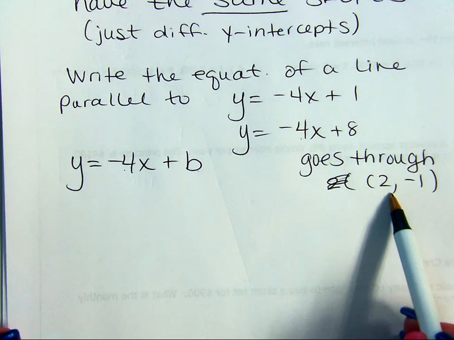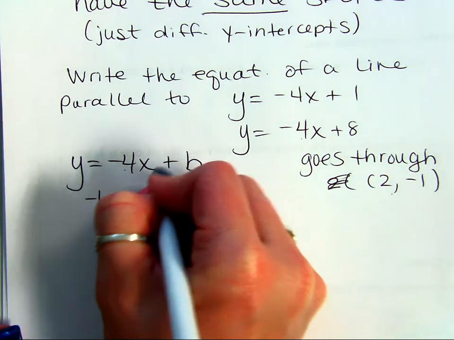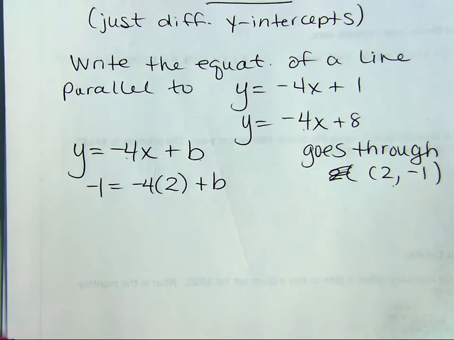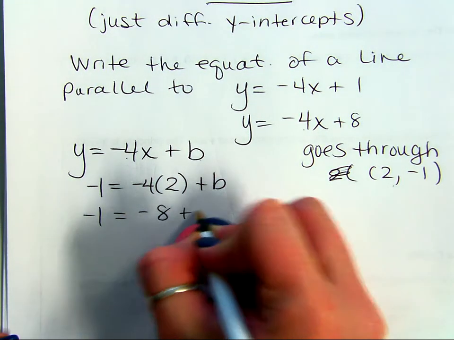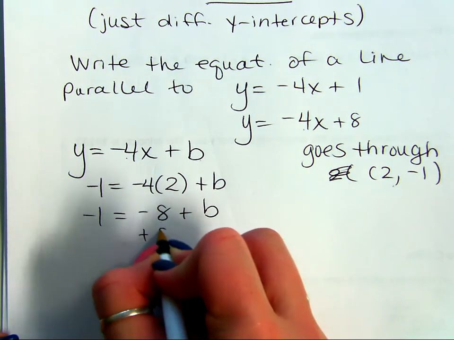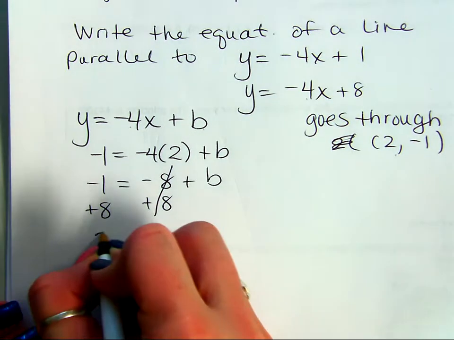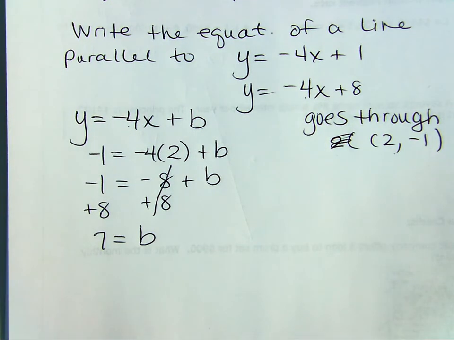So if y is negative 1, x is 2, and then you know what to do from there. Negative 1 is equal to negative 8 plus b. Plus 8 cancels it out, plus 8, and 7 is equal to b. And we knew it was going to be 7 because I showed you on the graph, right?